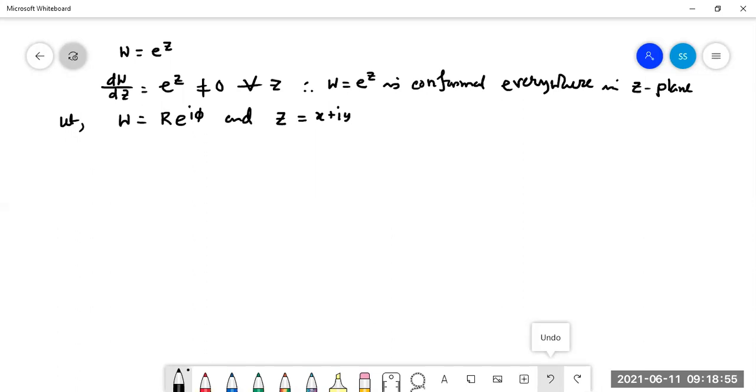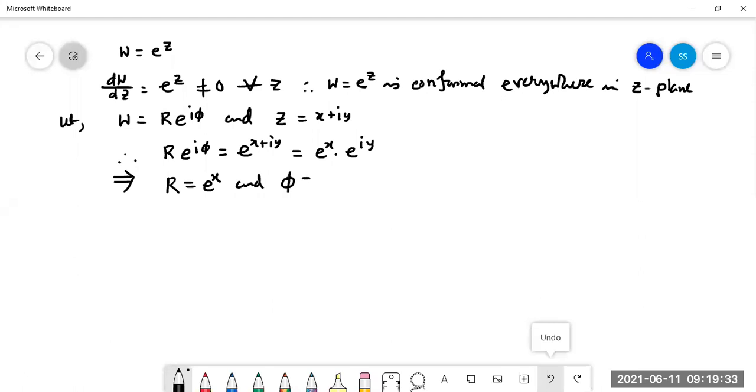But in the w plane it was only w, so we are taking the polar form, so that here also an e to the power part comes, so that we can equate both sides. Clear? So putting the value of w and z, we get r e to the power i phi equal to e to the power x plus iy. Clear? So e to the power x plus iy can be written as e to the power x times e to the power iy, which gives us that capital R is equal to e to the power x and phi is equal to y. Right?